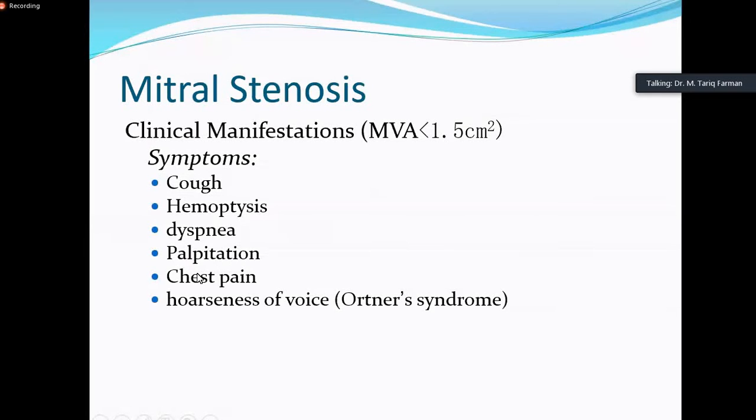There is palpitation and chest pain, and when there is left atrial hypertrophy and so much left atrial dilatation actually, this left atrial dilatation can compress the left recurrent laryngeal nerve, and because of that compression, the patient may have hoarseness of voice.